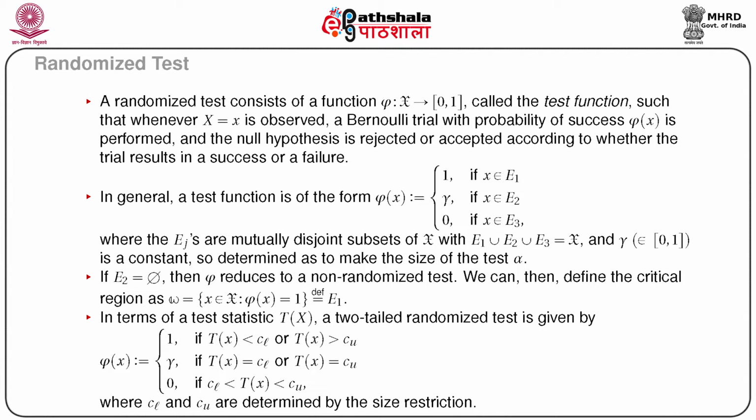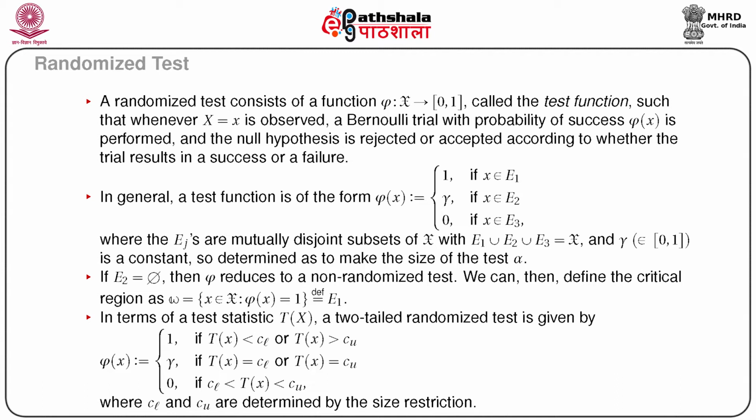Here, the Ei are mutually disjoint subsets of script X with E1 union E2 union E3 equal to script X. The constant gamma is so chosen to satisfy the size condition.